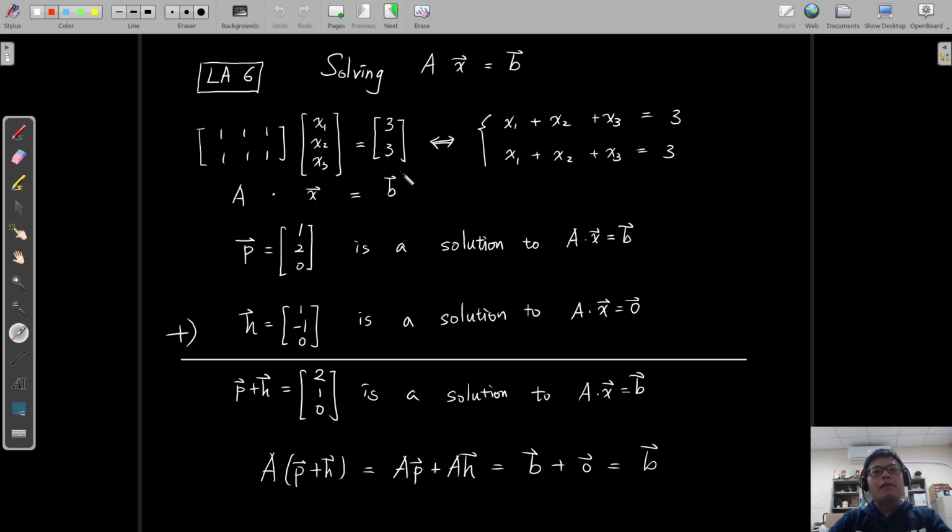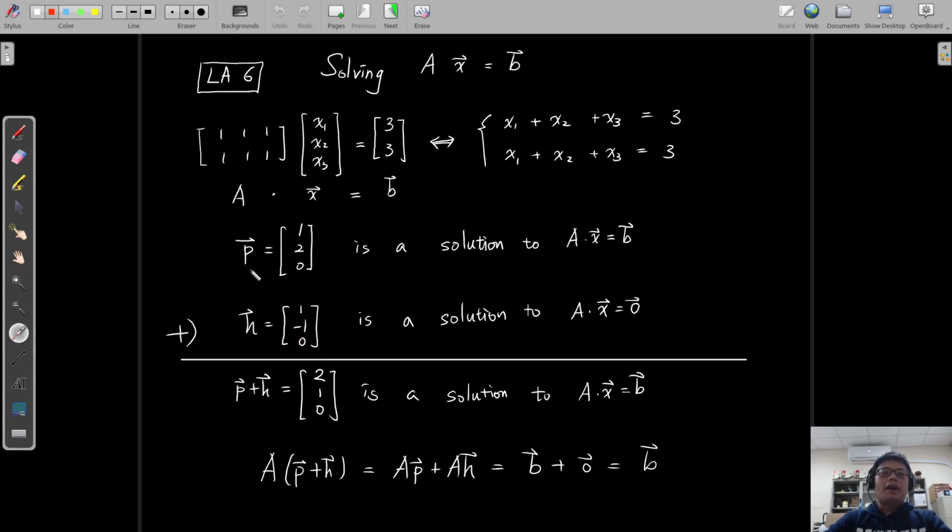Now I want to make an observation. Let's fall back to the same equation we did last time, Ax = 0. So (1, -1, 0) is a solution to Ax = 0. Notice that the equations are different.